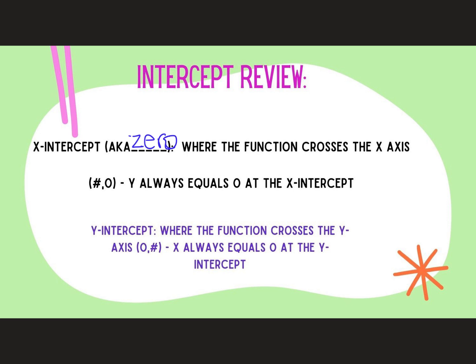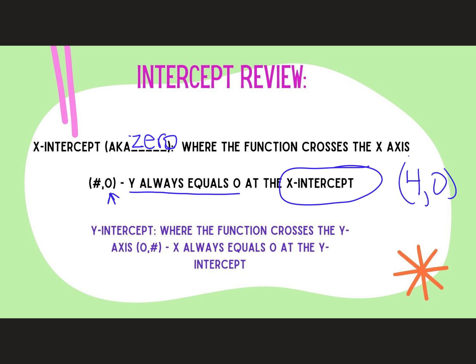When we write an ordered pair, our y value is always equal to 0 at the x-intercept. That is always. So if we have a linear function that has a 0 at 4, we would write this as 4, 0 as the ordered pair, where this is our x, of course, this is our y.